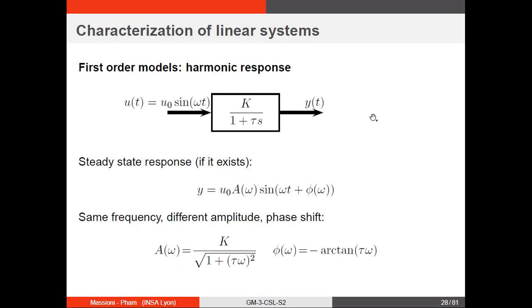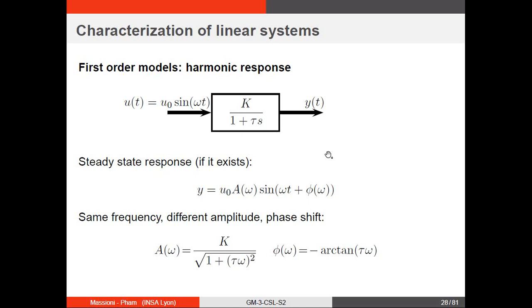And what about the harmonic response now? For a first order system, what we see holds in general. If you have a sinusoidal input, the output is sinusoidal at the regime if there exists a steady state response. You can compute it again with the Laplace transform.